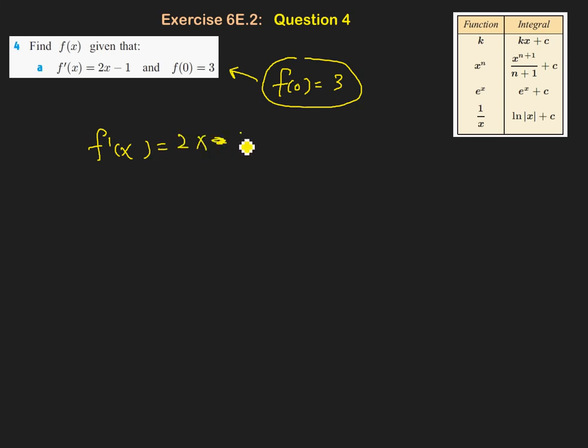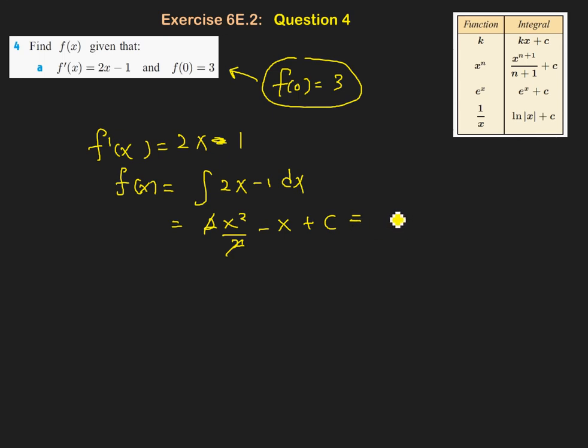So f(x) is the integral of this, and by now you should have mastered integration after you've done a number of questions.